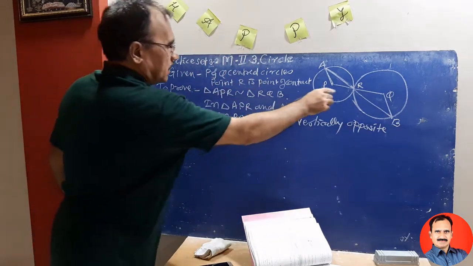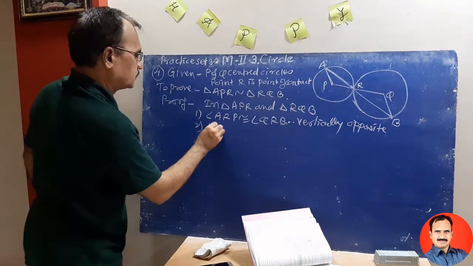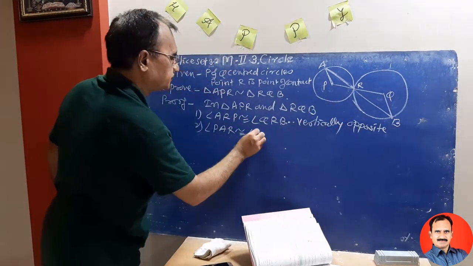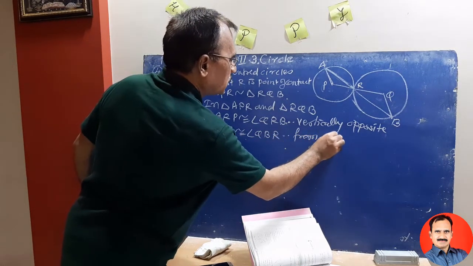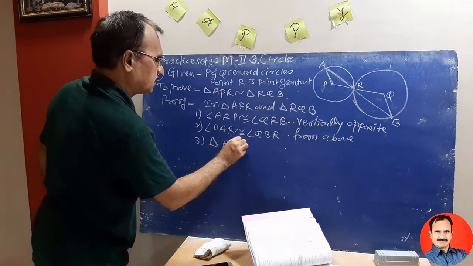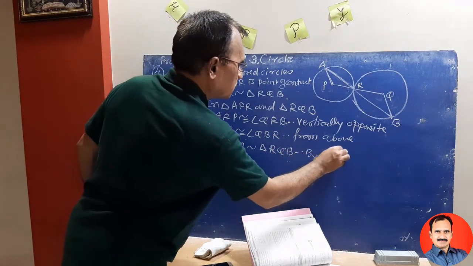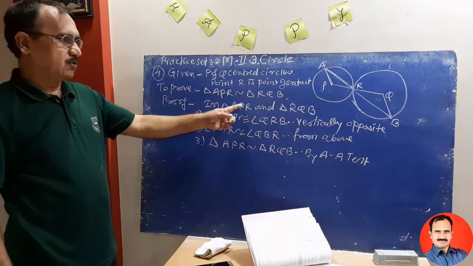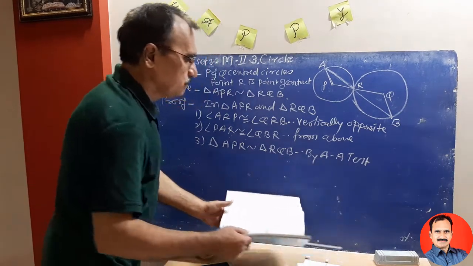Then angle PAR is congruent to angle QBR, from above, and therefore triangle APR is similar to triangle RQB by the AA test. Enough. This is a very simple method. Only we have to prove here these two triangles are similar, and these triangles are similar by the AA test. Write down this.